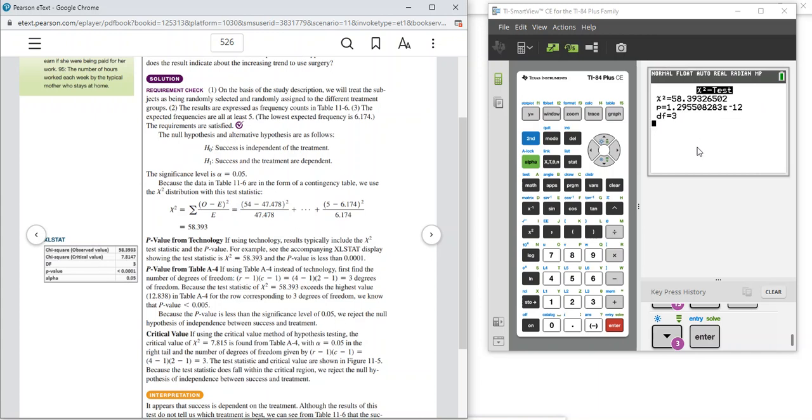See right here it says they used this Excel stat and they got less than, they're saying the p-value is less than 0.0000. So it means it's way out there. So it's definitely reject.